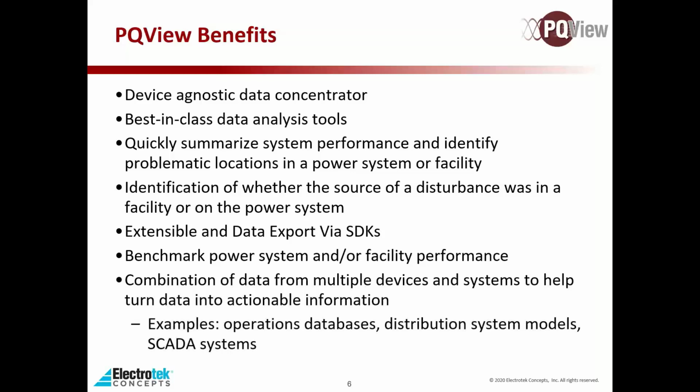An example of that would be, if you have your operations databases, your distribution system models, your SCADA system, you bring all that together along with your power quality data, with your event data coming in from your devices in the field, and you can do fault location. By bringing all that data together, using the waveform analysis from the event that was captured, you can determine the reactance to the fault using the distribution system model.